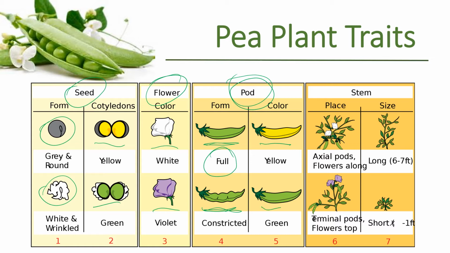It can be a yellow pod or a green pod. And there's even characteristics about the plant overall. It can be a tall plant or it can be a short plant. The flowers can be placed in the middle of a branch, or they can be placed on the edge of a branch. So the fact that there were two very specific options for every trait actually made pea plants very good to study.